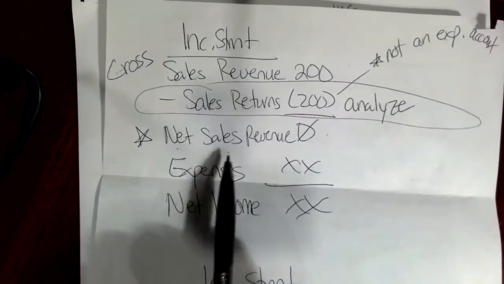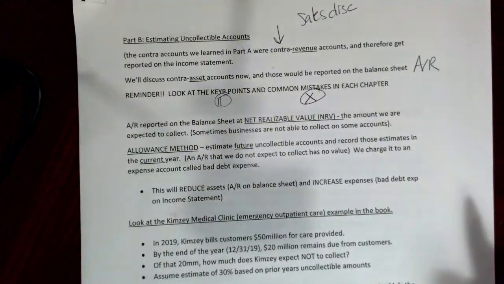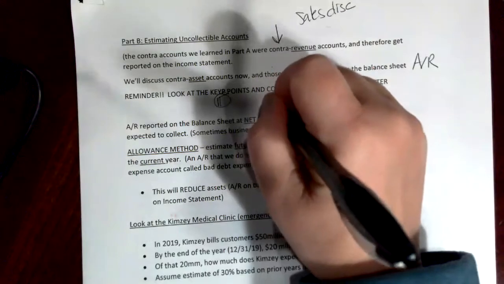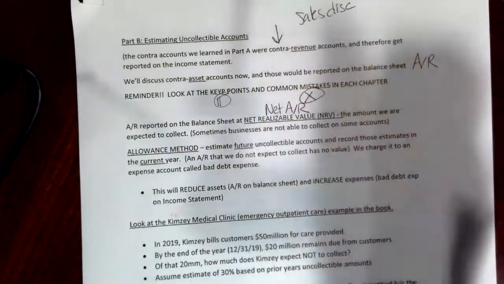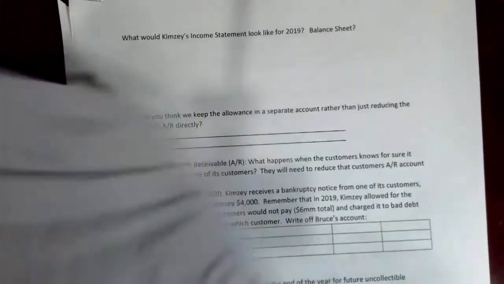Well, we're going to have another name in this section that starts with the word net, and it's called net AR or net realizable value. And what that is now, instead of being on the income statement, we're on the balance sheet. And remember, on the left side of our balance sheet are our assets.